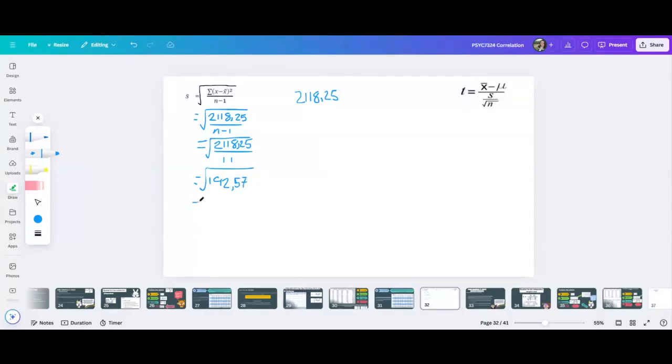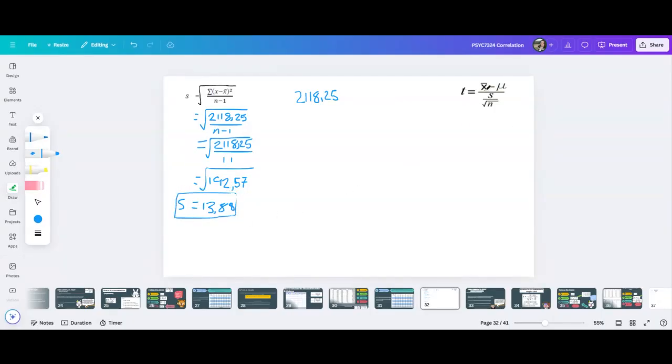Right, and then we just need to square root that, anyone, to get the standard deviation? 13.88? Yes. Okay, excellent. So now we have that value.